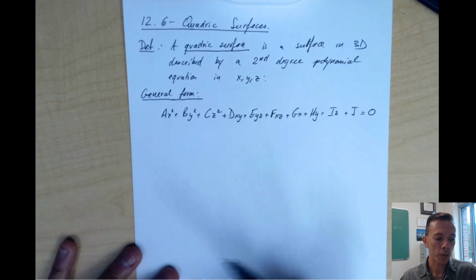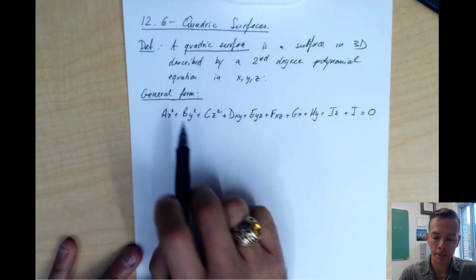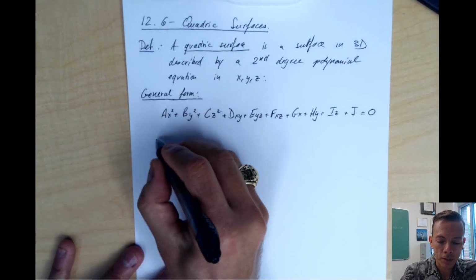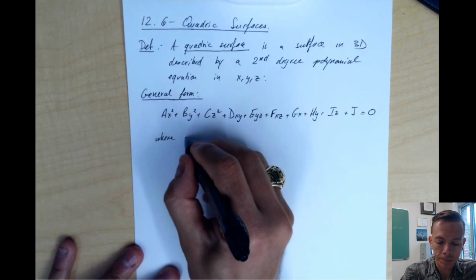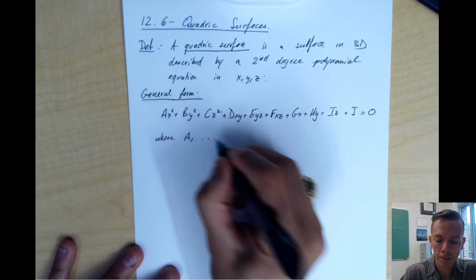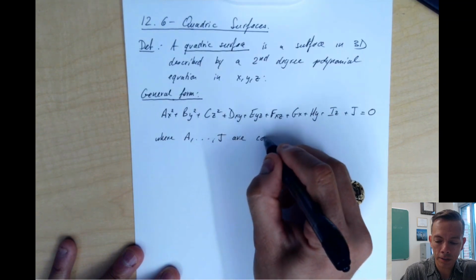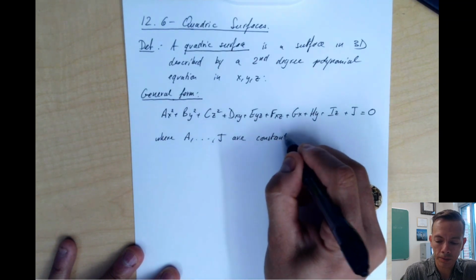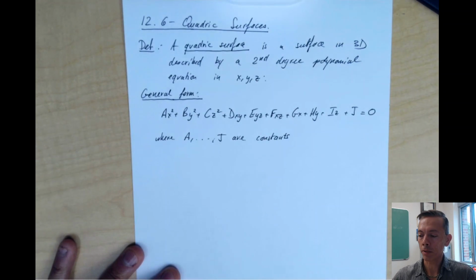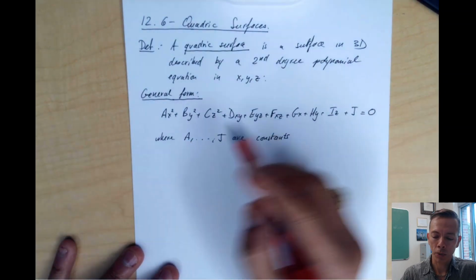It's a long equation, and you see everything is organized here. First of all, these capital letters from A to J are constants, and x, y, z are the variables.